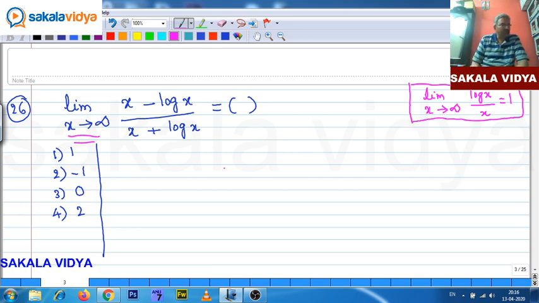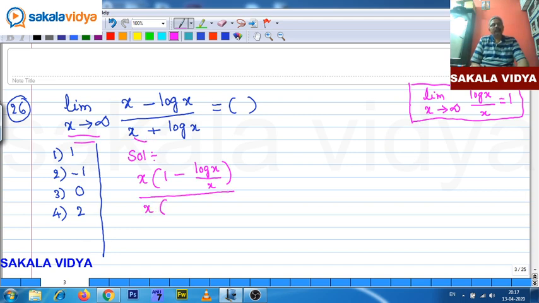You remember this one. So, that means from the numerator take x common, from the denominator take x common. Then what do we get? Let us see the solution. Here x is taken common from the numerator, we get 1 minus log x by x. In a similar manner, take x common from the denominator, x into 1 plus log x by x.